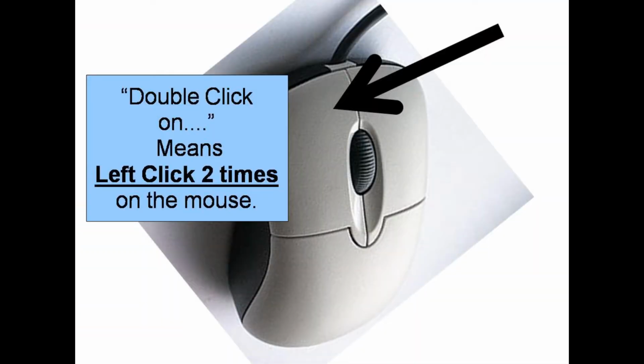Now, when we say double click or click 2 times, it means that the left button is going to be used very quickly, 2 taps with your index finger. You're going to try to do it with a very rapid tap tap.